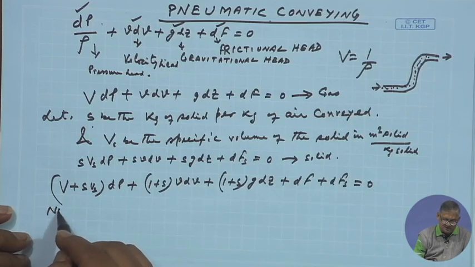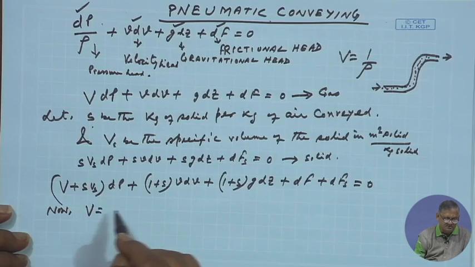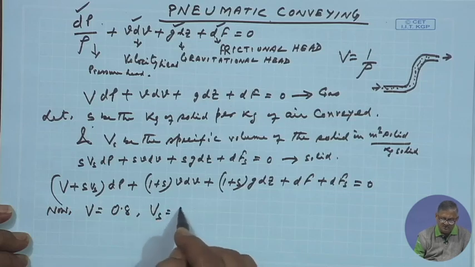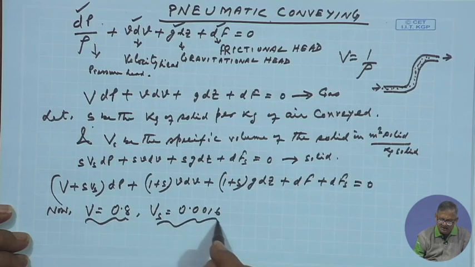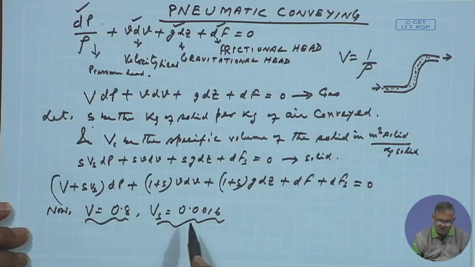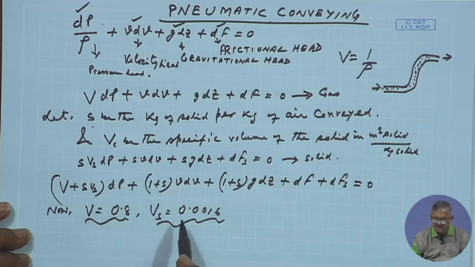Now, generally V is equal to say 0.8, whereas Vs equals 0.0016. So, by and large, the specific volume of the fluid is much higher than that of the specific volume of the solid, because density of the fluid is much lower than that of the solid.